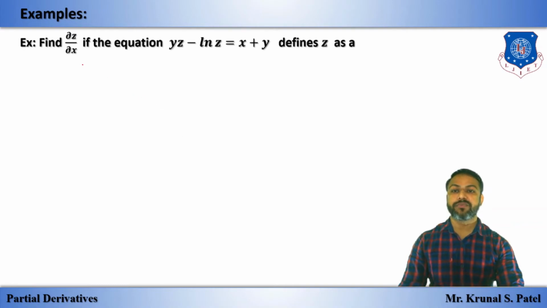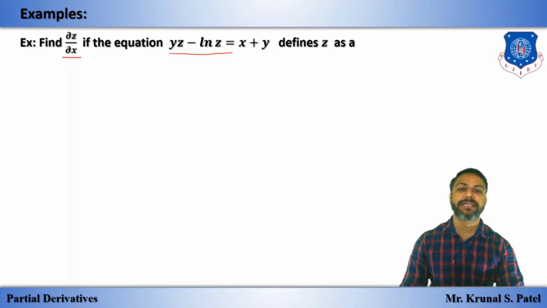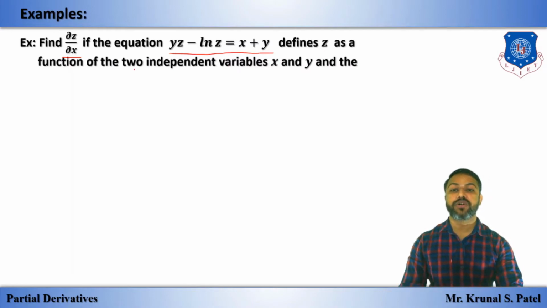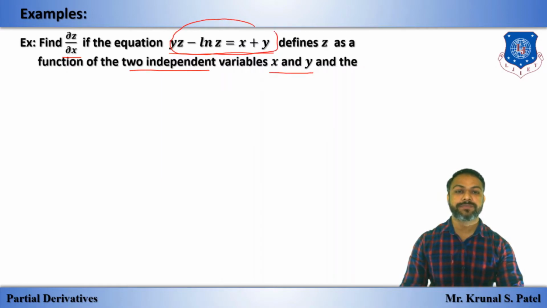The example is: find del z by del x if the equation yz minus ln z is equal to x plus y. Here it defines z as a function of two independent variables x and y. That means in this equation z is a function of x and y.